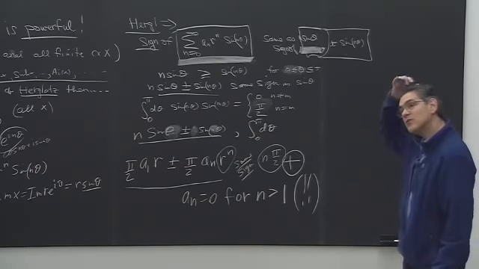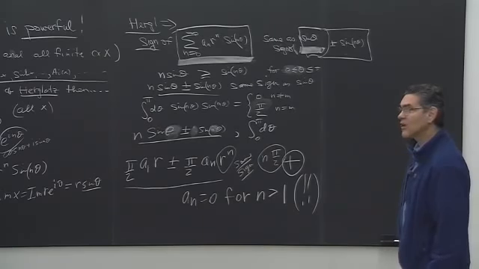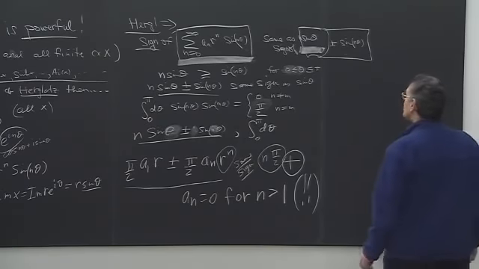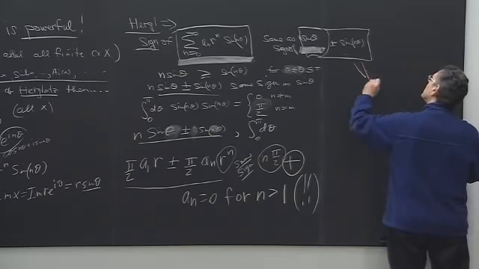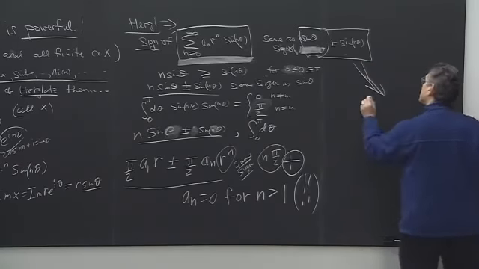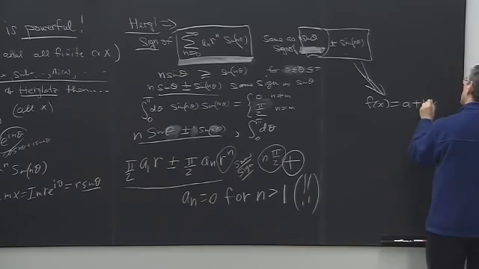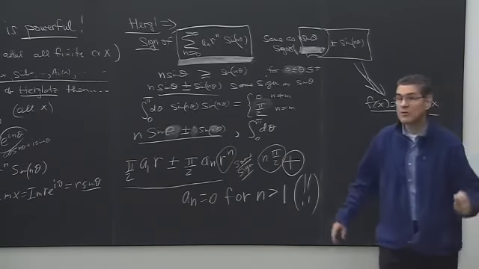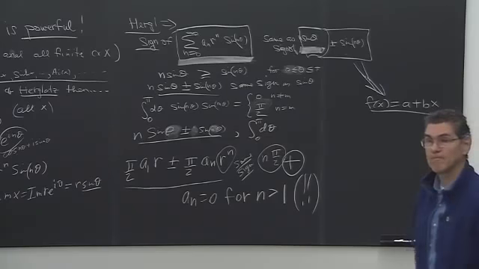So the only function that is both Herglotz and entire is utterly trivial. What we have shown is that f of x, so what's the conclusion of all this? All this implies that f of x is a plus bx, and that's all. Those are the only functions that are both Herglotz and entire, just linear functions.